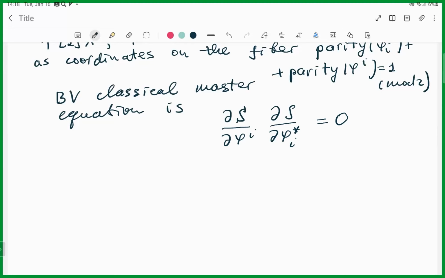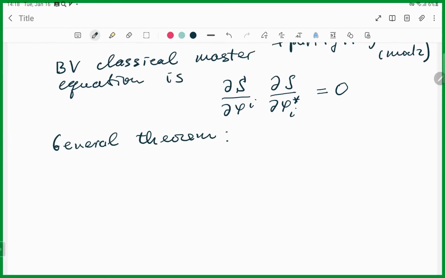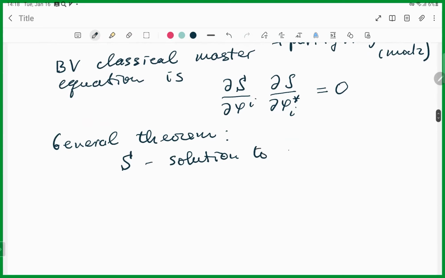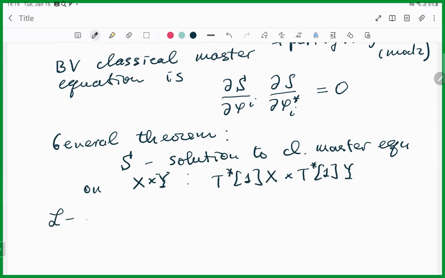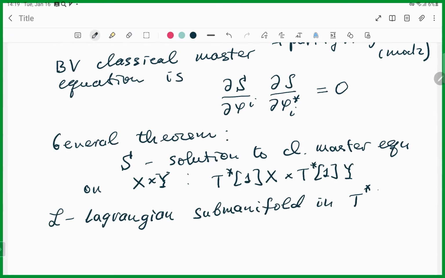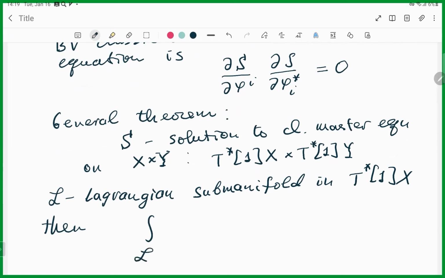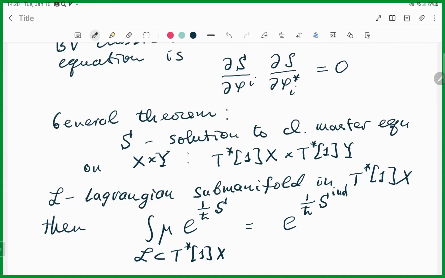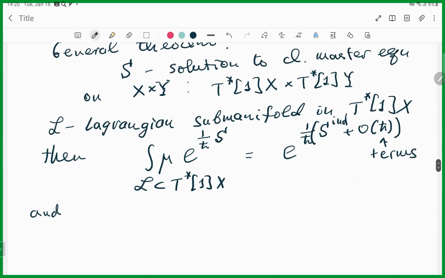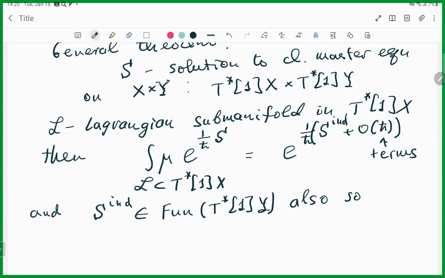We need it because there is a general theory: if you have S, a solution to the classical master equation on T star of 1, X, and if you have L, a Lagrangian submanifold in T star 1 of X, then the integral over this Lagrangian submanifold, with some measure that I am not discussing, gives an object that looks as follows: e to the 1 over h bar S induced plus O of h terms, with S induced being a function on T star 1 of Y that also solves the classical master equation.